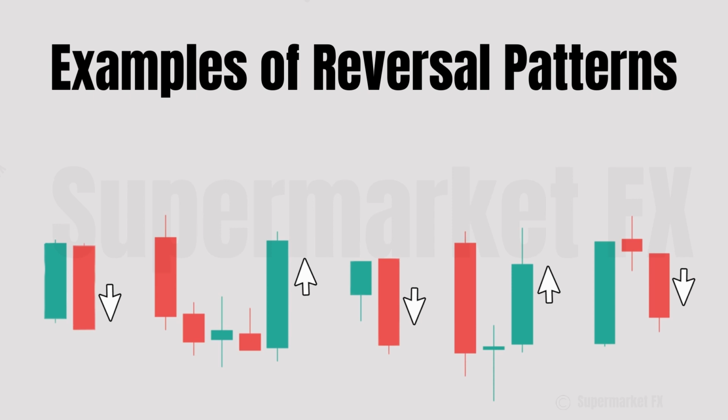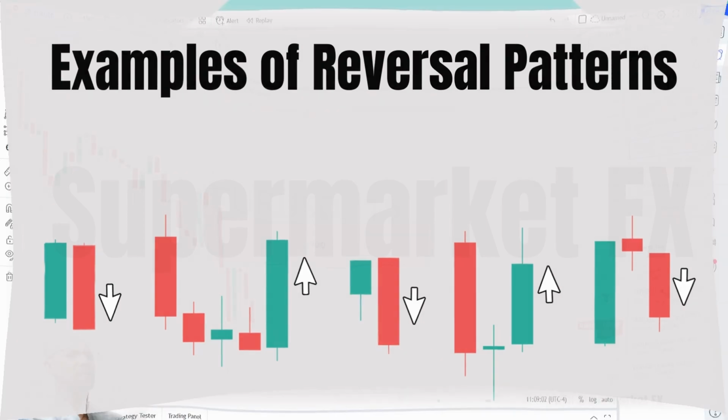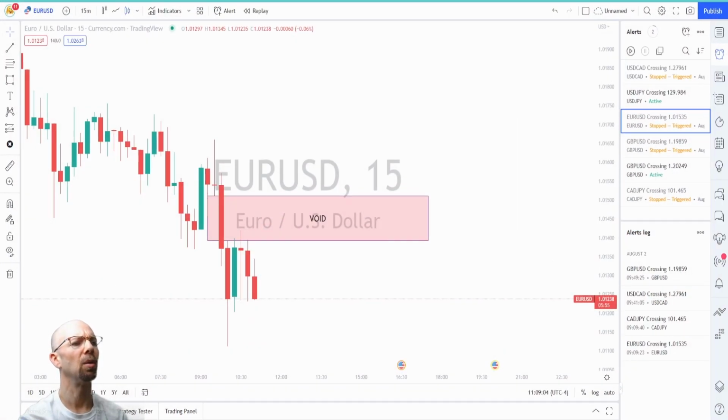Now, what we'll do is we're going to go take a look at some examples on TradingView, and I'll show you what I'm talking about. All right, so what we're looking at here is the Euro USD 15-minute chart.